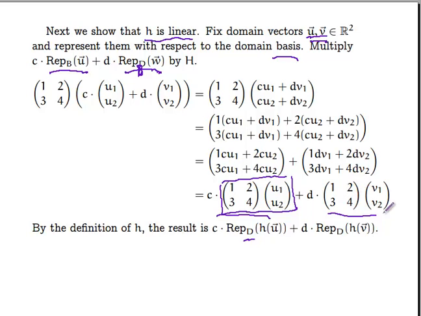This here is the representation of H of V in the D basis. Now by the linearity of the rep D map, I can write this as rep D of C times H of U plus D times H of V.